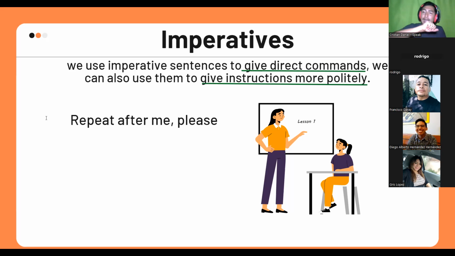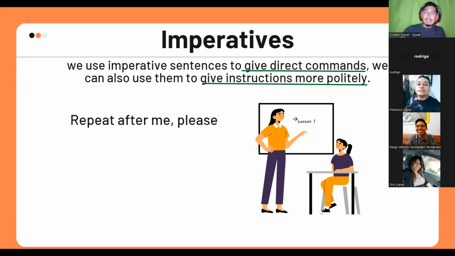It can be in general, or I can speak directly to one person, but I need to show that I'm talking to that person. Okay, repeat after me. Everyone, repeat after me.